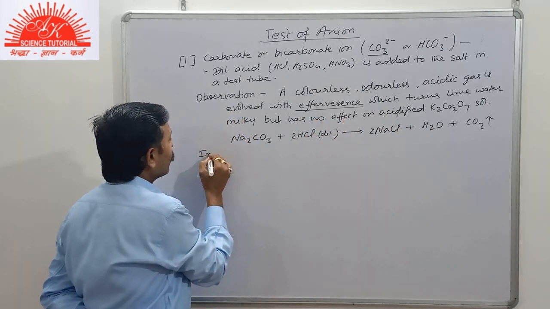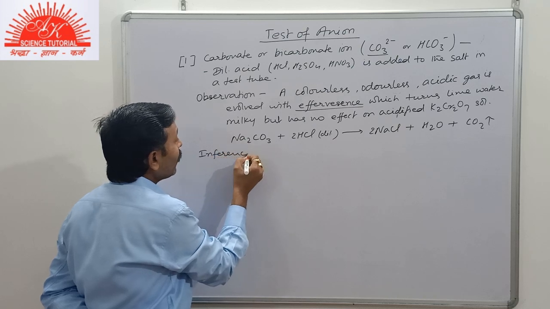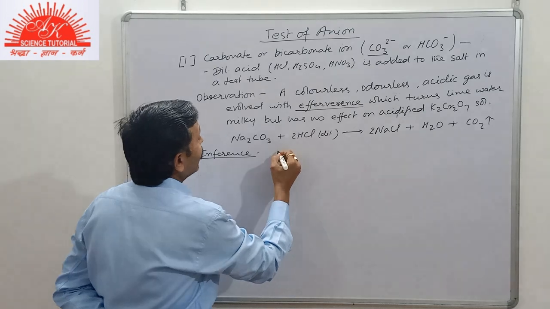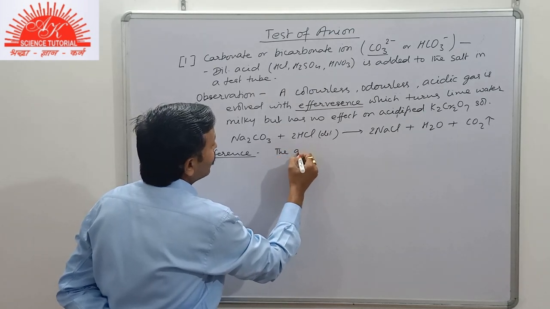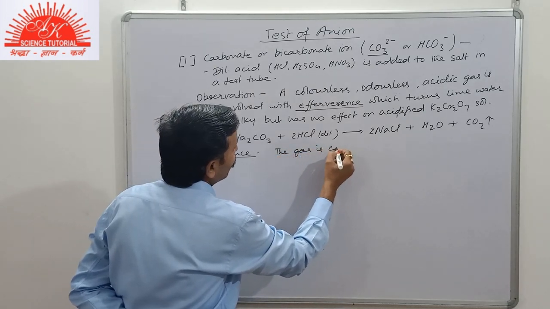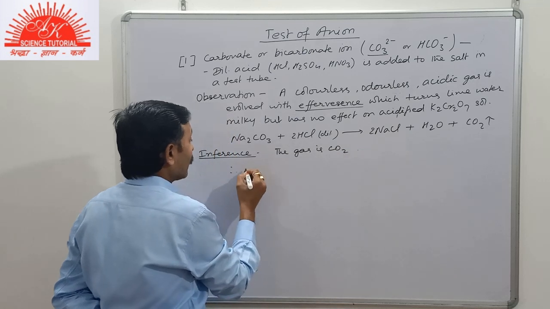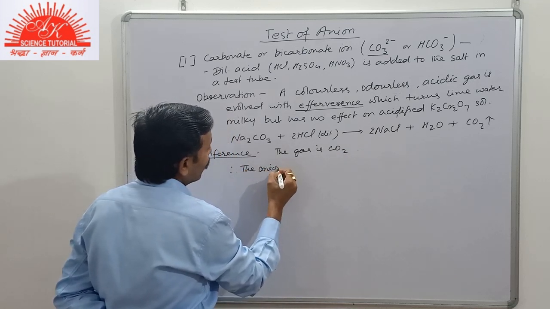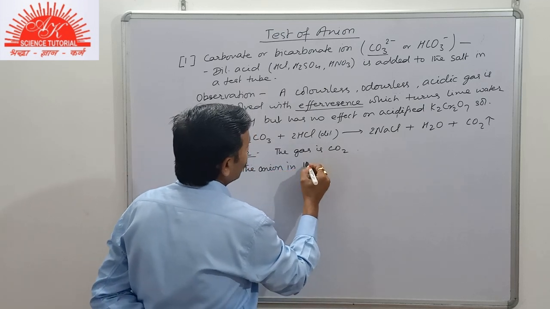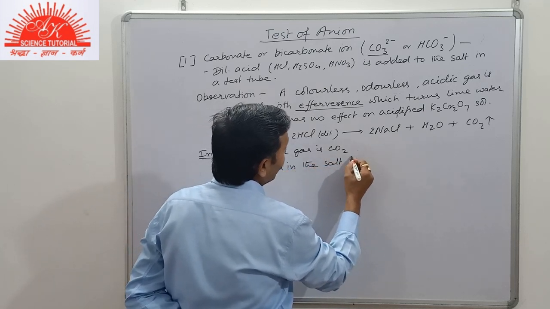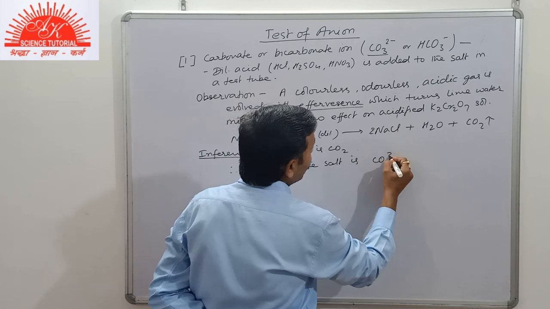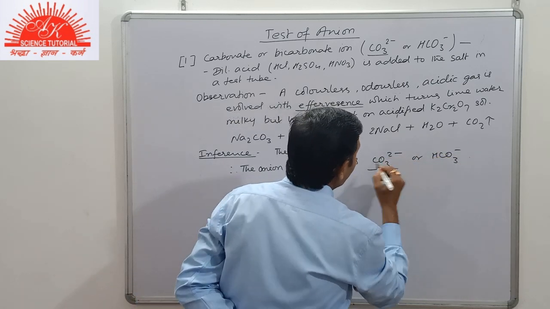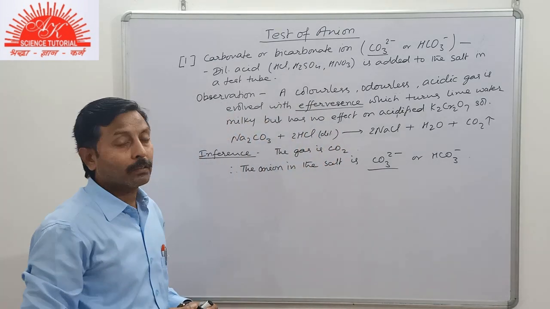So, what is your inference? Inference, or we can say the result concluded, that is the gas is CO2. Hence, the anion in the salt is CO3 2 minus or HCO3 minus, mainly carbonate.